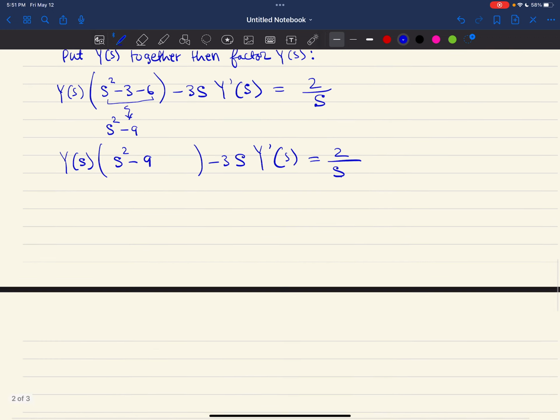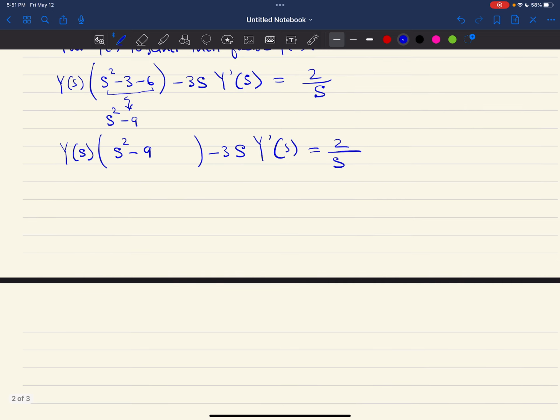All right, so let's put it into the form. We have negative 3s big Y prime, plus big Y of s times s squared minus 9, equals 2 divided by s. So this is in that form right now, and you basically need to divide all the terms by negative 3s.